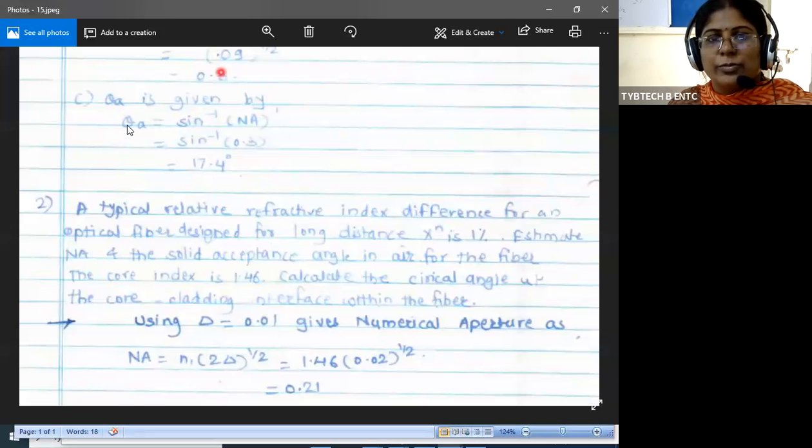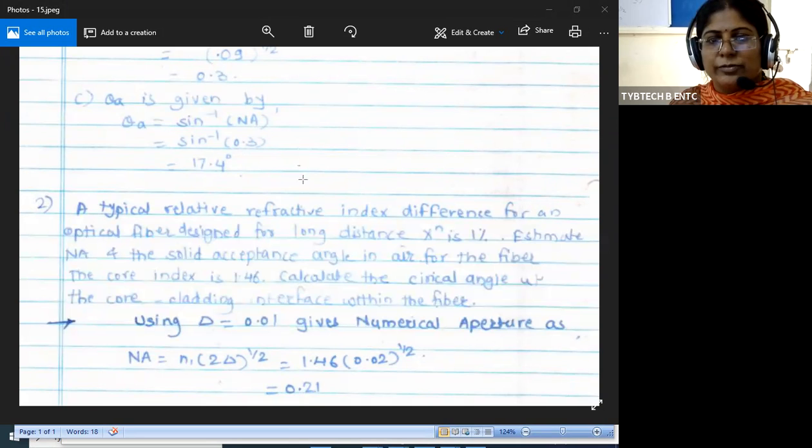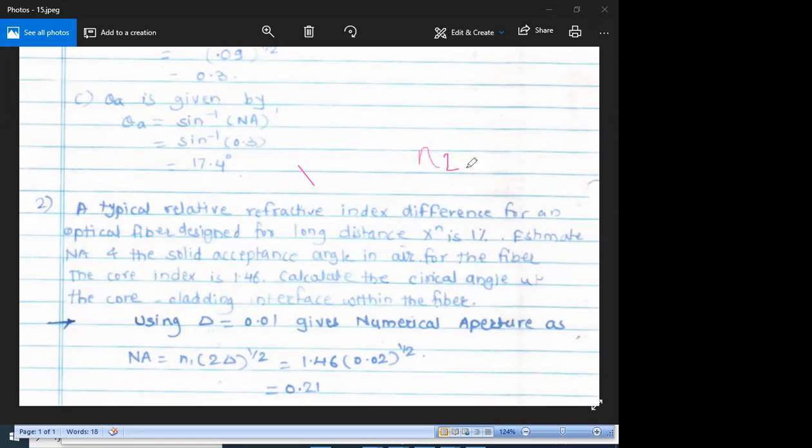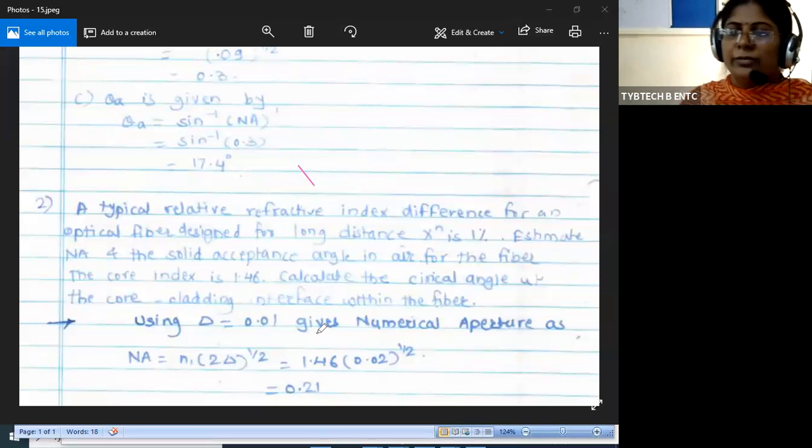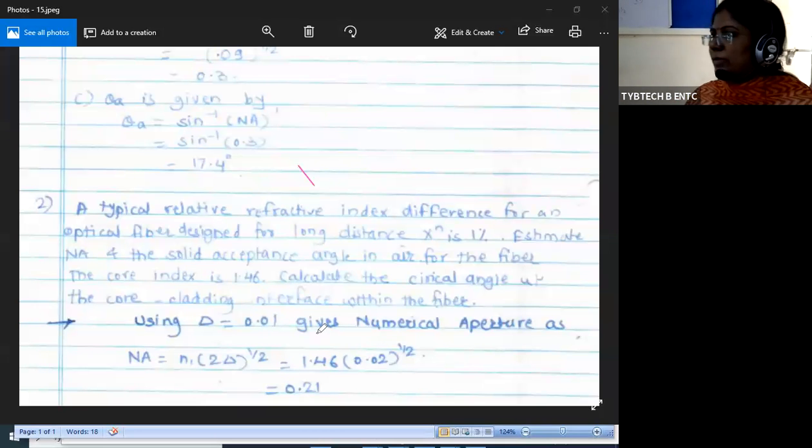Which formula will you use, from the given terms? NA is equal to bracket N1 square minus N2 square raised to 1/2. We know the value of NA and the value of N1, so we can calculate the value of N2.